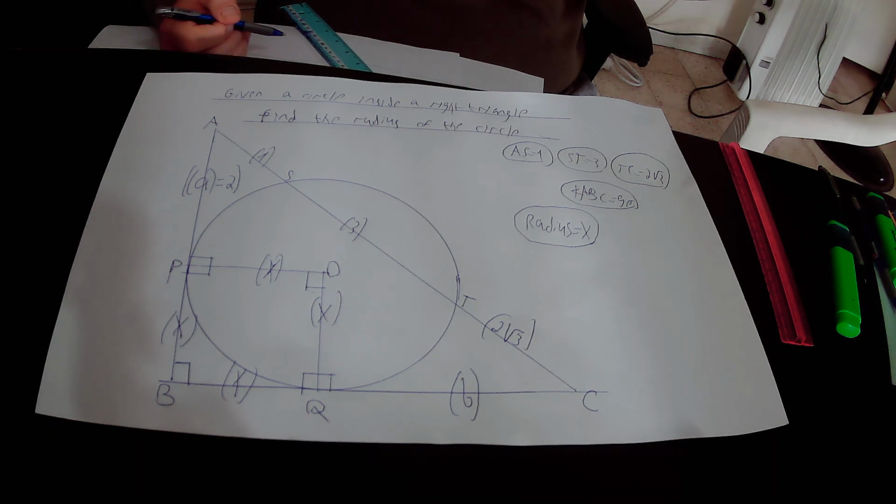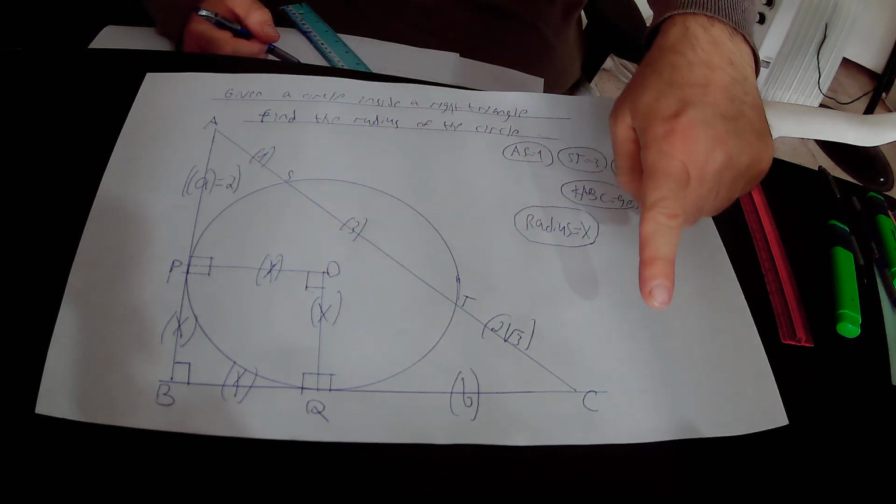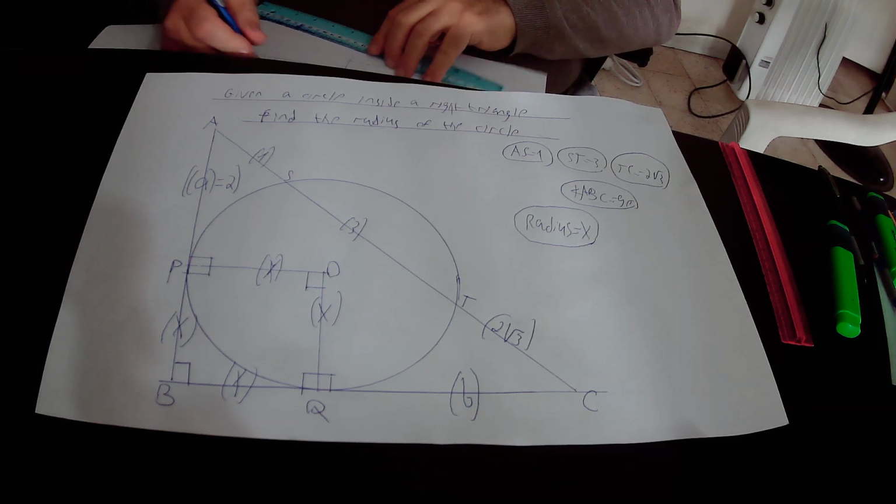According to rule 10, we get that CQ squared equals CT times CS.